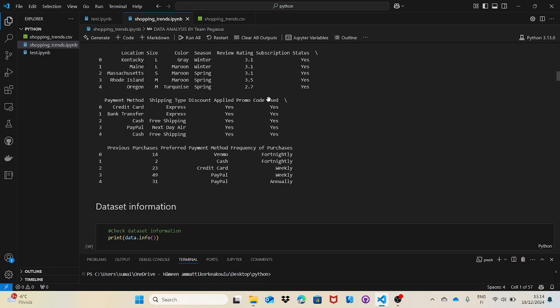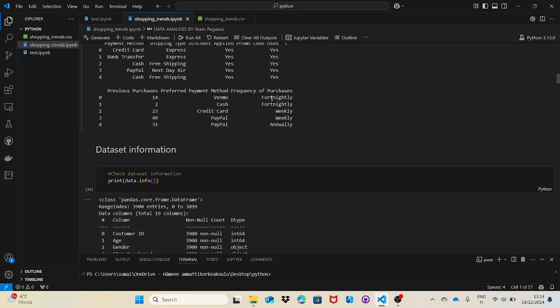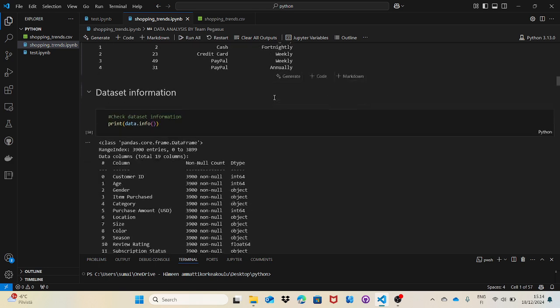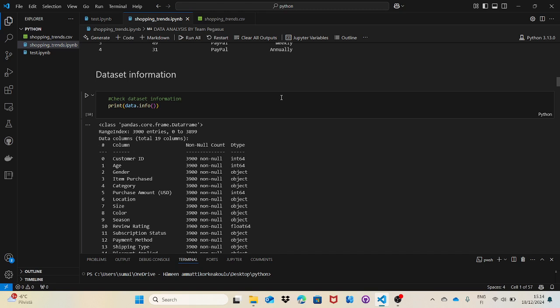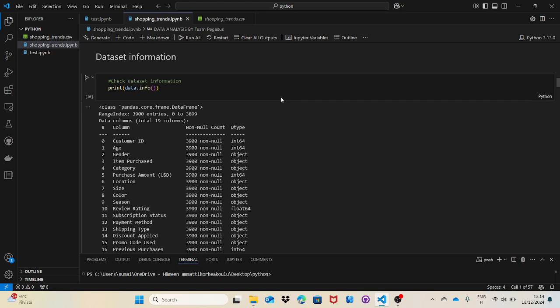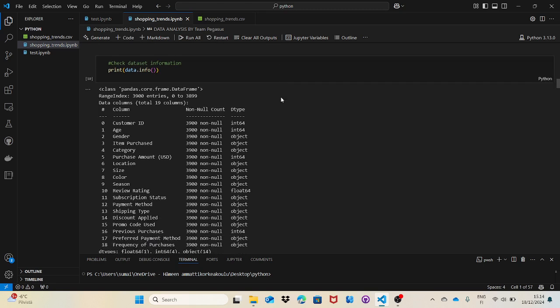This gave me a sneak peek into the content of the dataset and helped me understand what kind of information we are dealing with. Next, I conducted a structural check of the dataset.